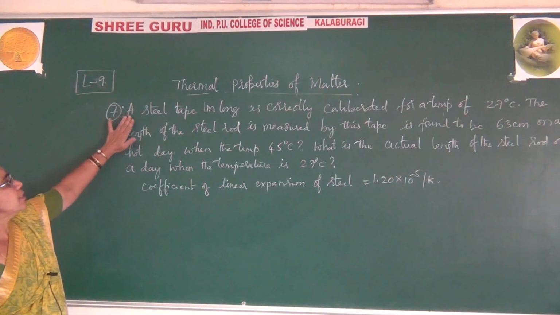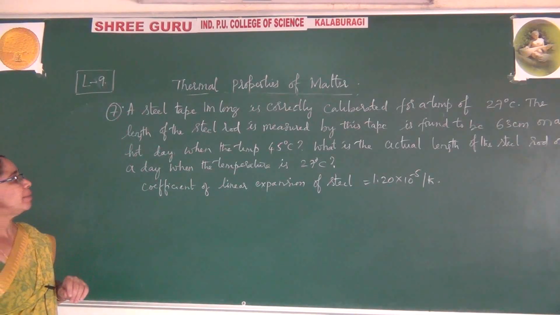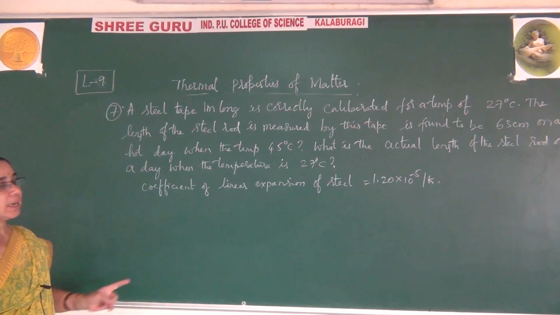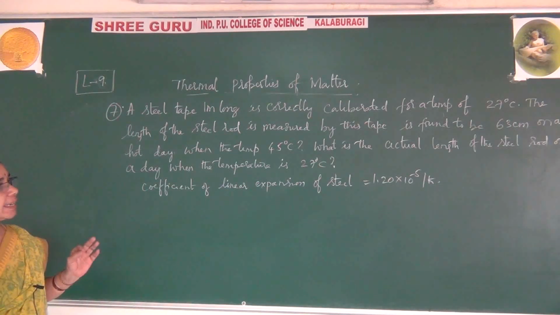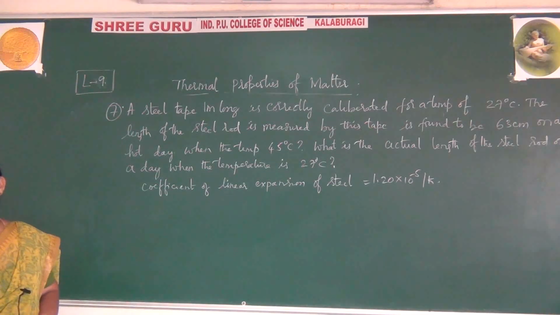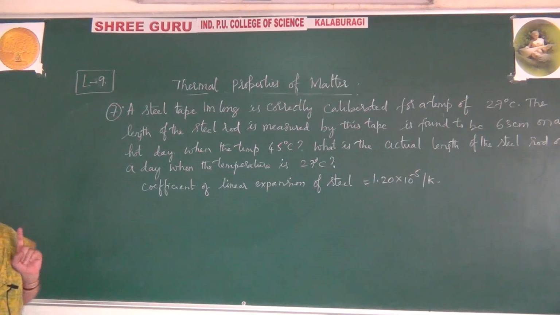They have given in this problem, it is an NCERT problem, a steel tape. The tape is 1 meter long, which was correctly calibrated for a temperature of 27 degrees centigrade. 1 meter means 100 centimeter.